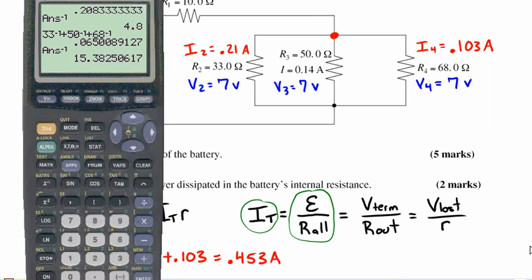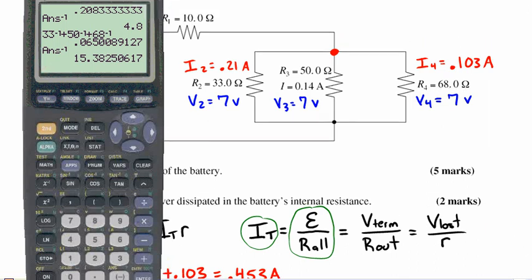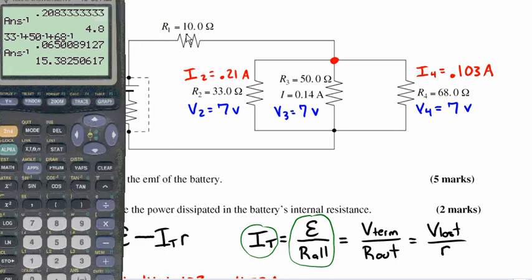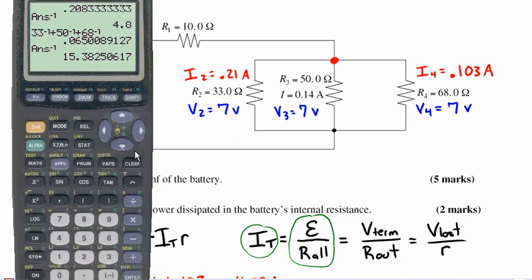And what we can do now is say, all right, that 15.3 ohms of resistance also has this number 1 resistor of 10 ohms added on to that. So let's go and add on another 10. It looks like for the entire circuit, we've got around 25.3 ohms of resistance on the outside.